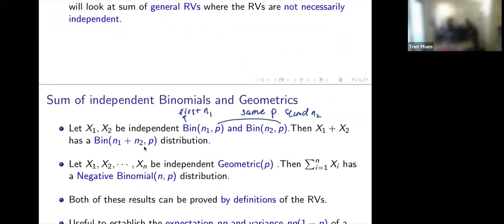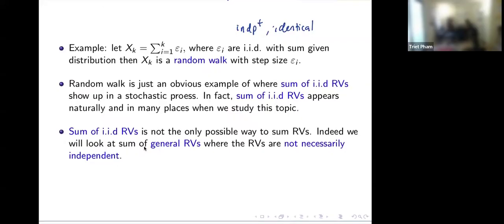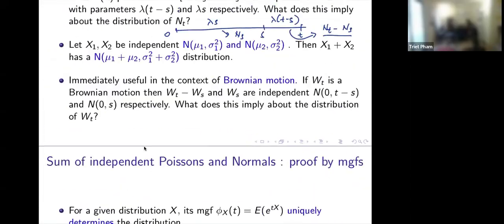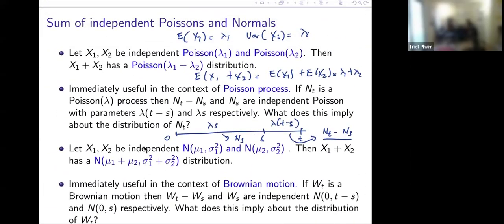Or, as you can see, the theme is the sum of independent random variables in general. And you see, in the Poisson case that I just talked about, the identical part is taken away, because here you have Poisson lambda 1, Poisson lambda 2, so they're not identical, but they're still independent.